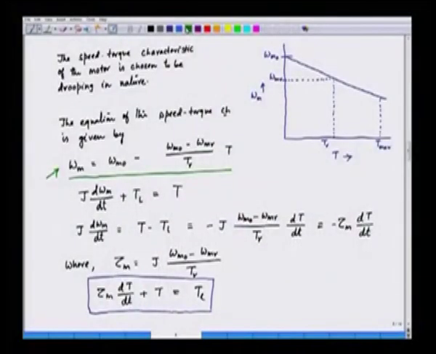This equation has two variables: one is the load torque and the other is the machine torque T. The load torque is changing and the motor torque has to follow the load torque, and this variation is exponential, because the solution of this differential equation will give us an exponential solution.